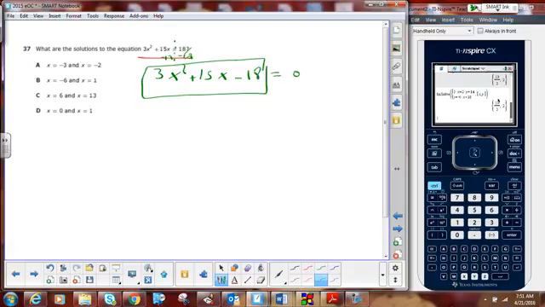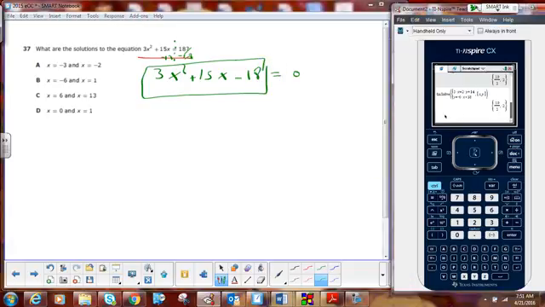Okay, let me use a calculator. So Poly roots, then open your parentheses and plug in your quadratic equation: 3x squared plus 15x minus 18, then you do comma, x, enter.